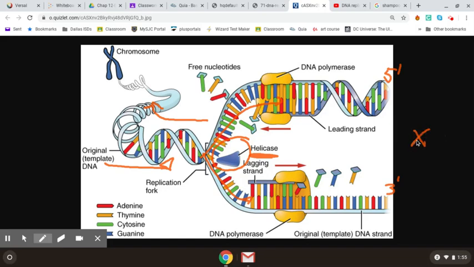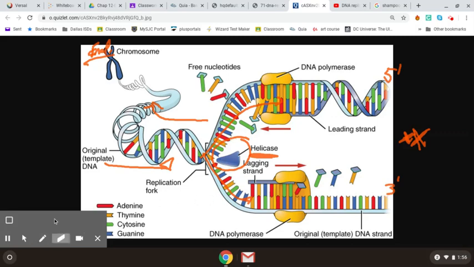We're just going to say that this X represents the beginning, and over here represents the end. What's going to happen is this helicase has to open the zipper at the beginning, and when it does, it's going to expose the two strands. It's going to expose the 5' strand, and it's going to expose the 3' strand.